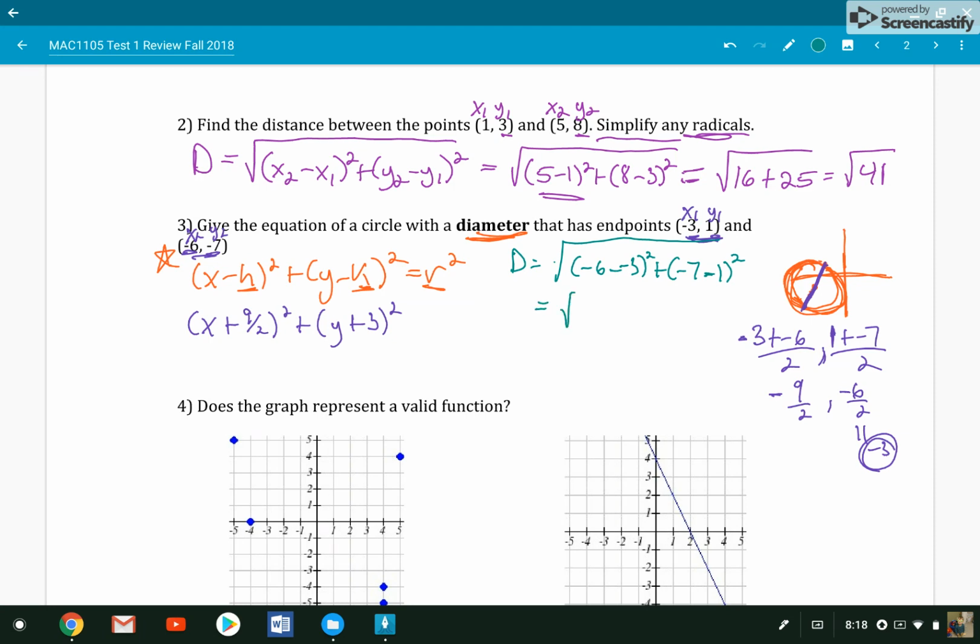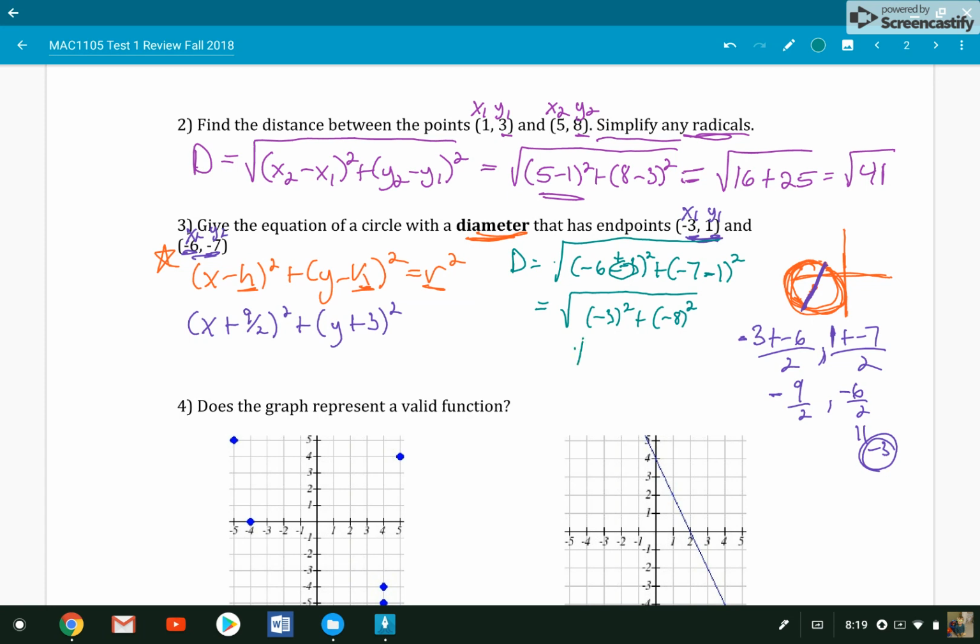So if I continue simplifying this, negative 6 minus negative 3, that changes to a plus. So negative 6 plus 3, that's negative 3 squared. Negative 7 minus 1, that's negative 8 squared.